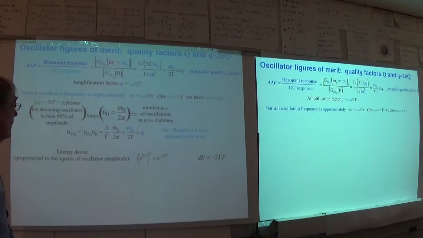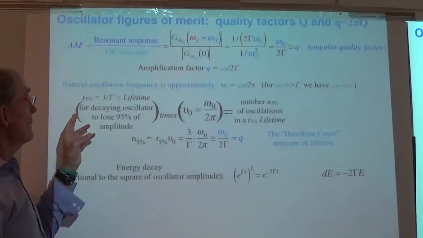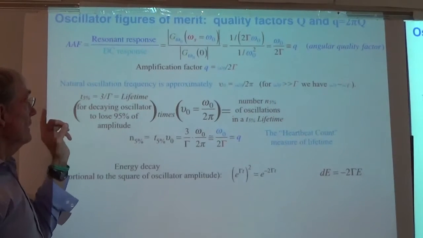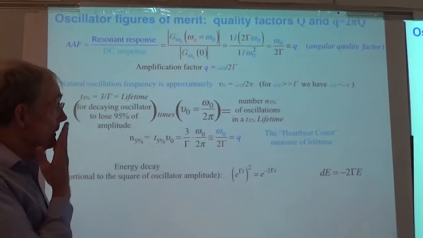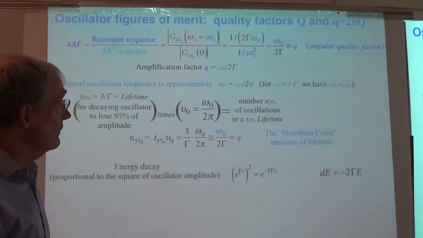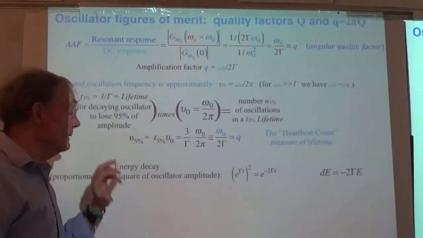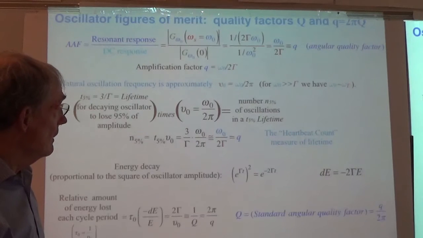I mean, it really helps to have that. So what we're already saying is that the 5% lifetime, we've already talked about that, is this thing. It's also the amplification factor. It's also, well, I say heartbeat count. It's also energy decay.